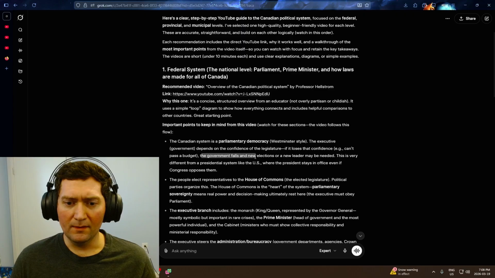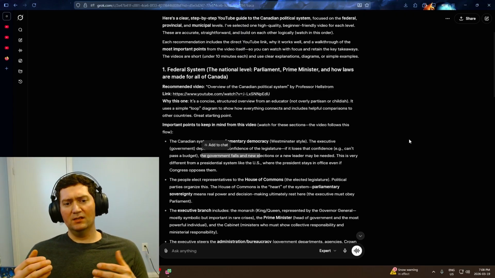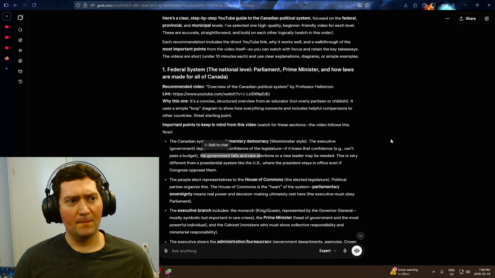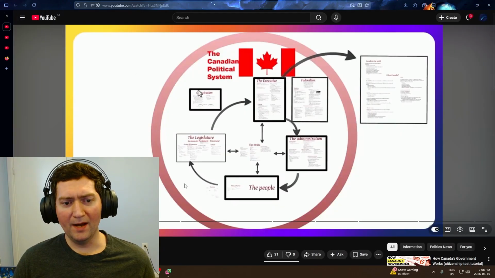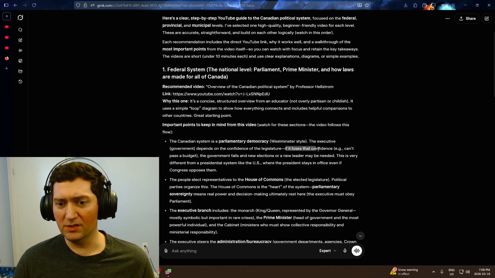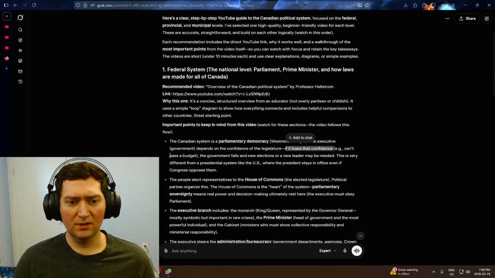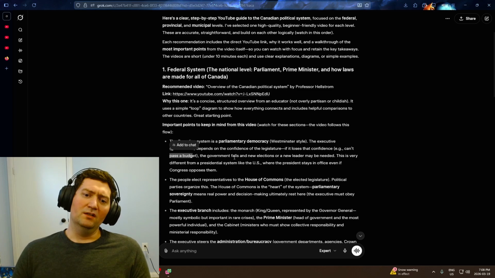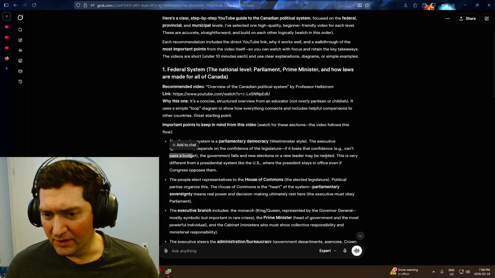And then the budget has to be passed by the House of Commons. The government, if it loses the confidence, can't pass the budget, the government falls and new elections or a new leader may be needed.